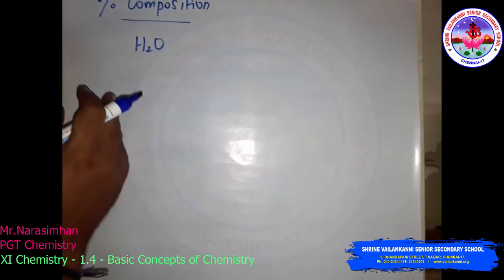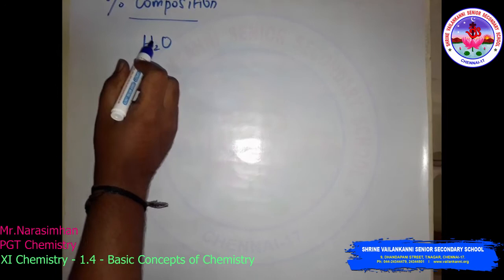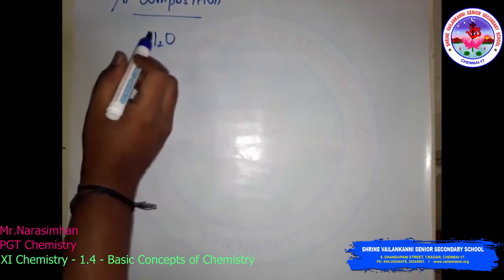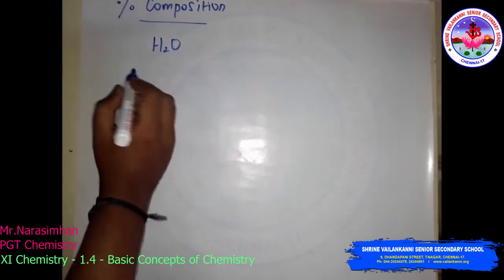Okay, so let us understand by taking the example of the water molecule, H2O. The water molecule contains hydrogen and oxygen. Here we calculate the mass percentage of both elements.